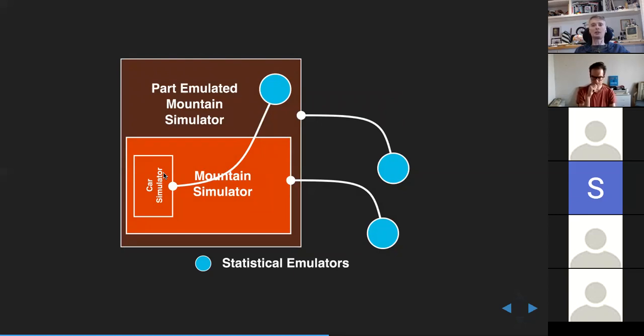And the car has two actions. It can either accelerate left or accelerate right, right? So that's the controller. The parameters of the controller, there's three of them. One is the sensitivity to velocity, one is the sensitivity to the position, and the other one is the offset parameter, right? And then you can just compute a threshold as to whether you accelerate left or right. And that's all that the controller does, right?